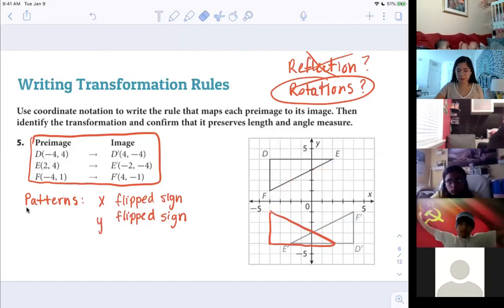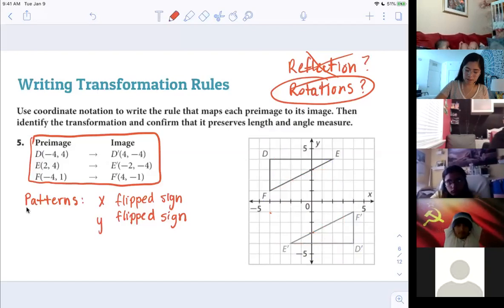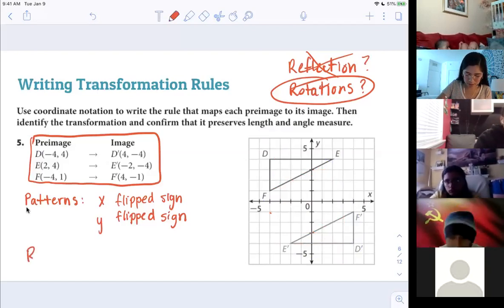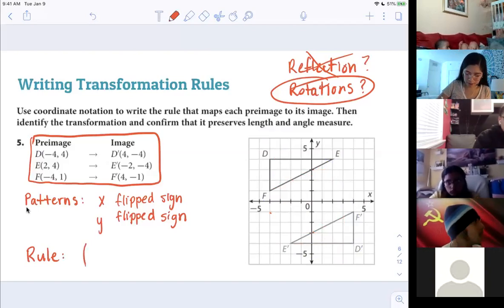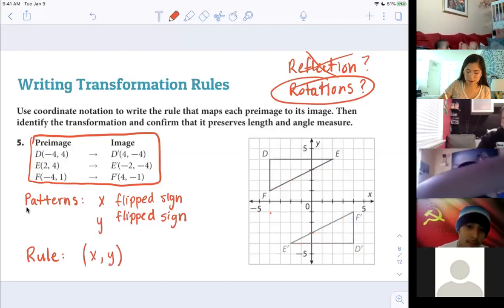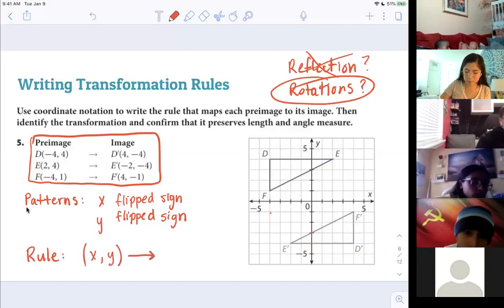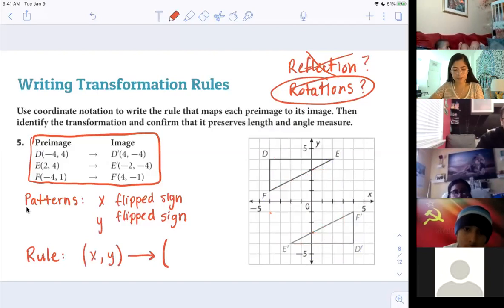Okay. So now the last part of this is we actually have to make the rule. So the rule, remember how they do it. First you start off with x comma y, because that's what you're starting with. You're going to draw an arrow and tell me what happens to the x and what happens to the y. So what happens to the x?